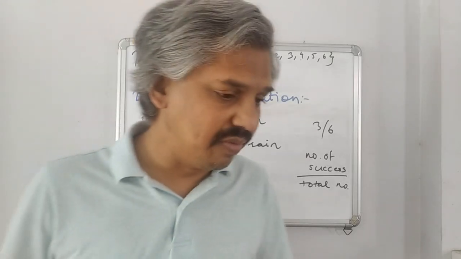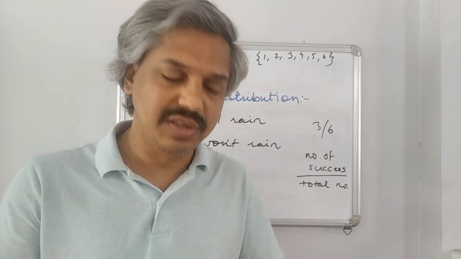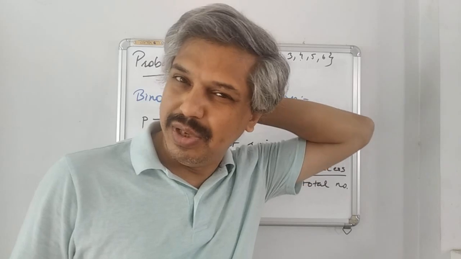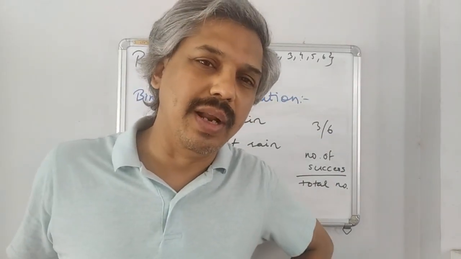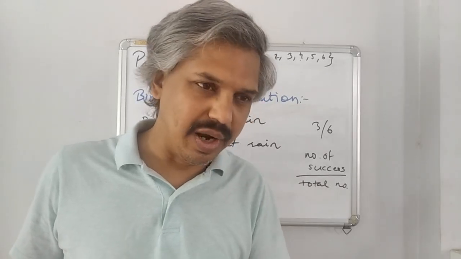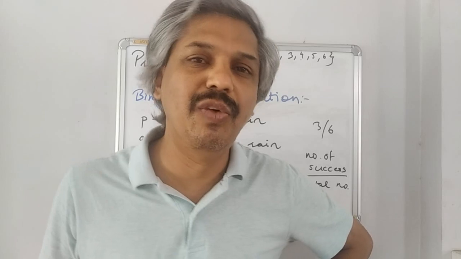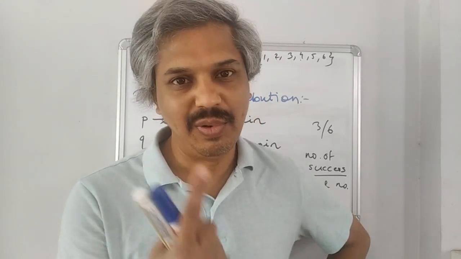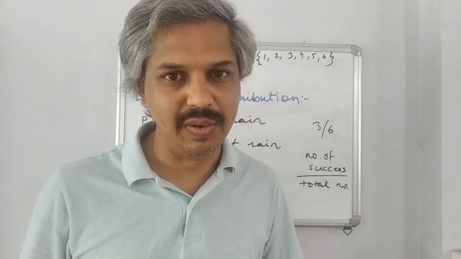I was talking to some of the other mathematics teachers a few days back. It was just a discussion, and in that he asked me a simple question. He said, what would be the probability? You have 4 balls in your hands. You are throwing the 4 balls up. What is the probability that all 4 will fall down? And I said the probability is 1, because every ball that you throw upwards, because of gravity, will come down.